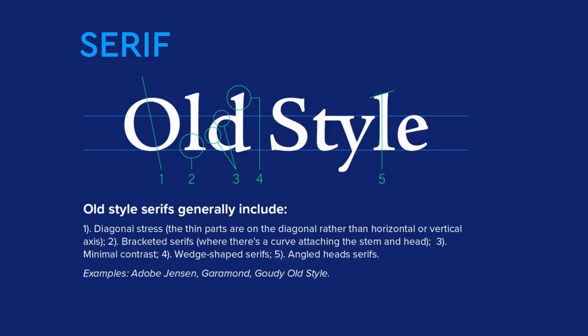Also, we have angled head serif, just as you can find there: the top of the L is angular. Examples of this are Adobe Jenson, Garamond, and Goudy Old Style. So these are examples of the fonts. You can search for them, you can Google them to have more information.